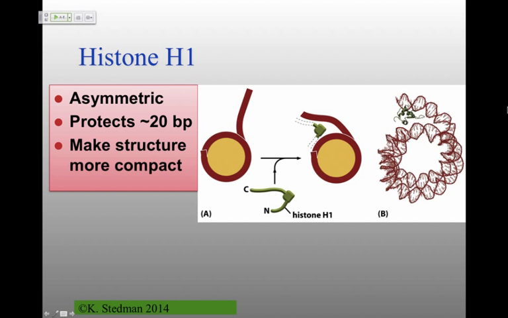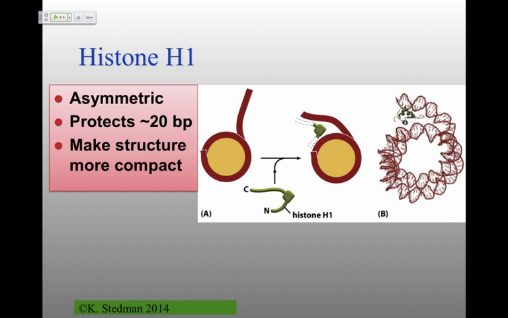One other thing, you can see nicely from the crystal structure, is that histone H1 is not binding in a nice symmetric way like you'd have with all the core histones. It's an asymmetric binding. It actually binds closer to normally the exiting DNA that's coming out of your nucleosome.